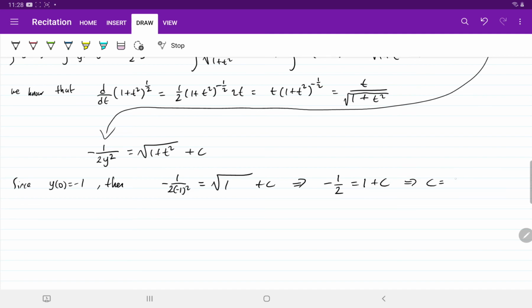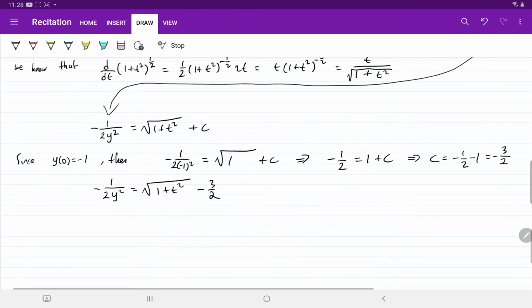C is minus 1 half minus 1, so minus 3 over 2. Okay, so we have minus 1 over 2 y squared equals square root 1 plus t squared, c is minus 3 over 2.